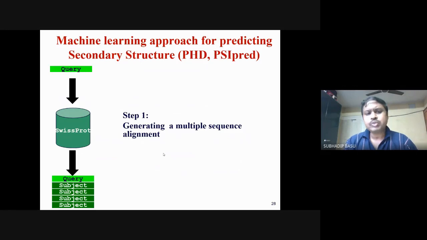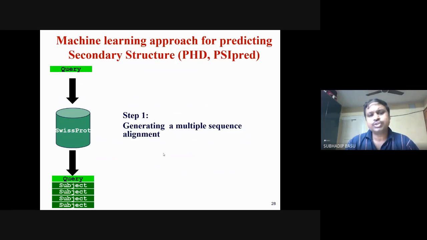So many machine learning approaches today use secondary structures using multiple sequence alignment. Methods like PHD and PSIPRED, we'll briefly discuss in a subsequent lecture.